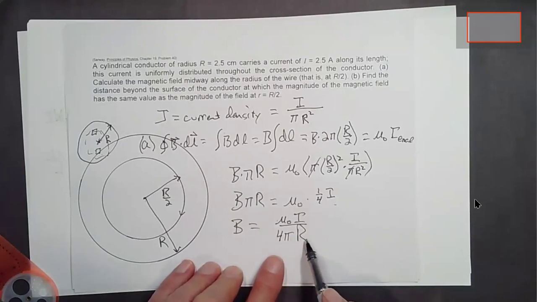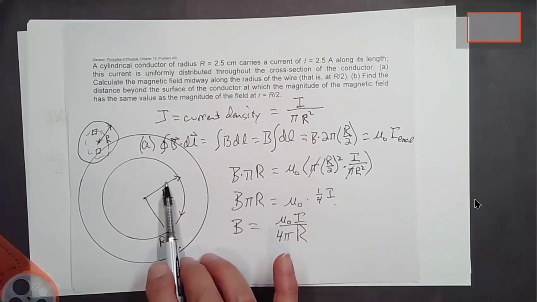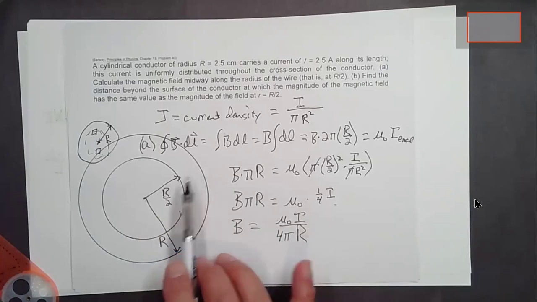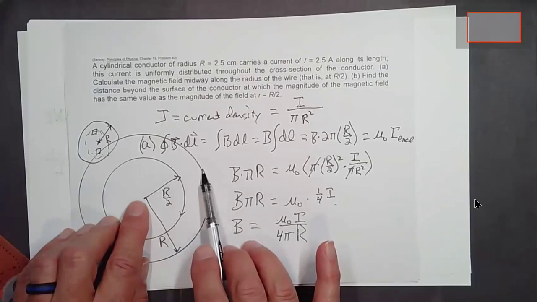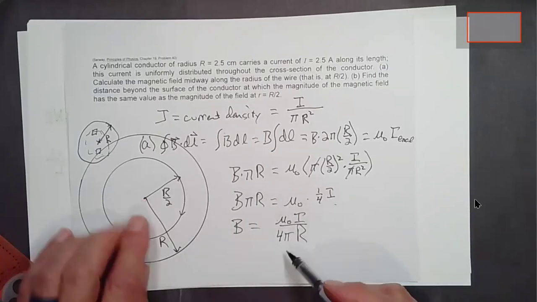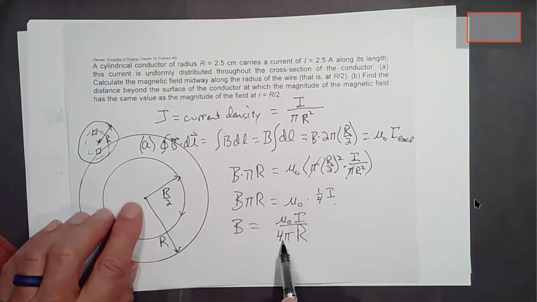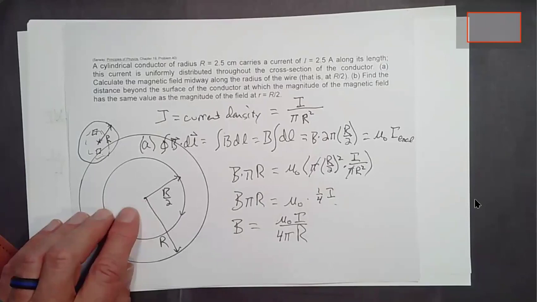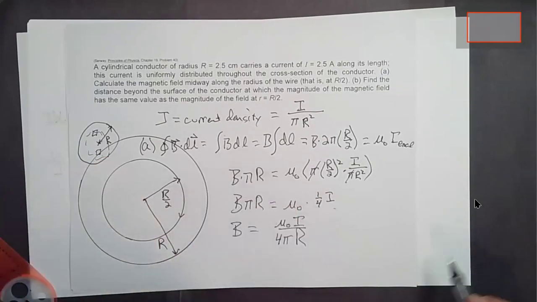This is kind of interesting, actually. That's halfway along the wire. As you go closer and closer, what would the magnetic field be at the surface of this thing? It'd be mu naught I over 2 times pi times r. So it's weaker when you're underneath here, so it's increasing as you go out.